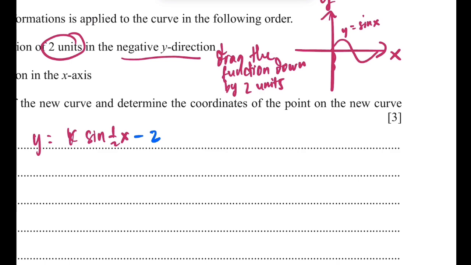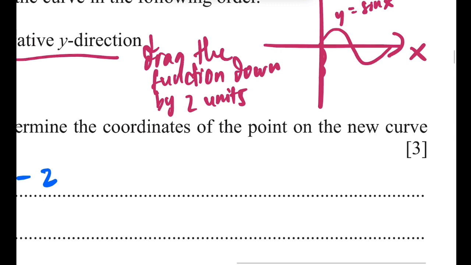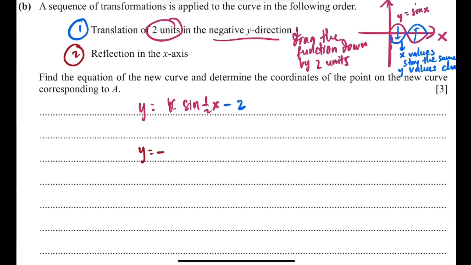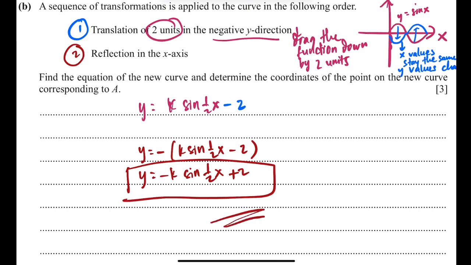The upper part becomes the lower part, and the lower part becomes the upper part of the function. So the x value stays the same, but the y values have opposite signs as before. So we times all y values by minus 1, so it becomes minus of everything. It will be minus k sine half x plus 2.